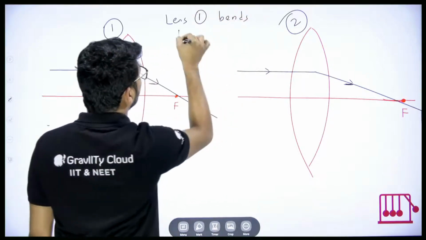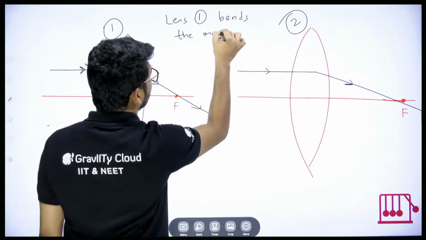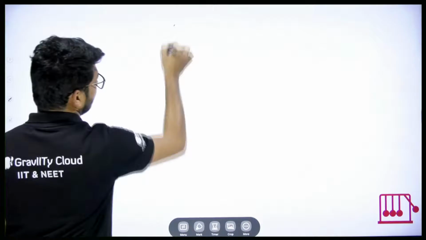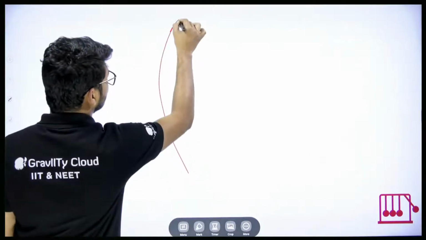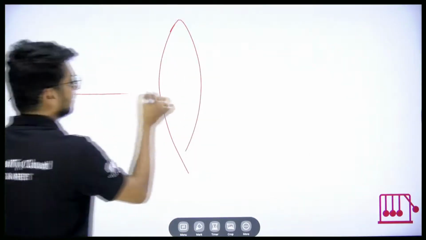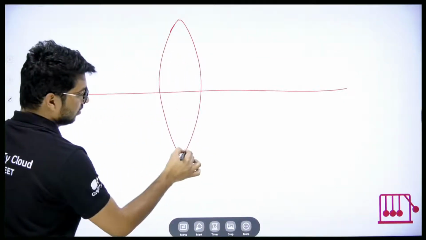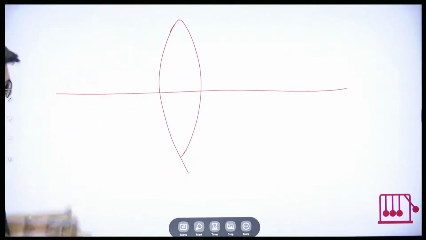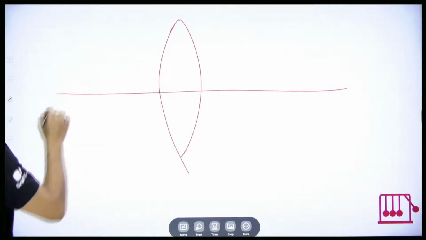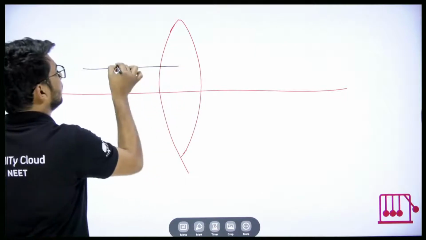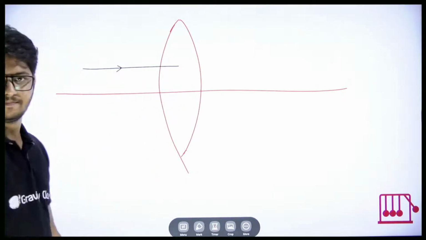Why? How? Let me explain that. For that, I'll again take a convex lens. Let's say this is a convex lens. Now what I'll do is take two special cases in the same diagram itself. Now, this is the incident ray.